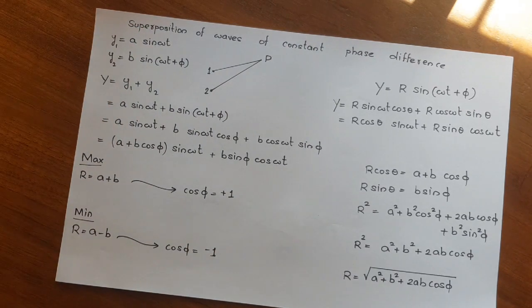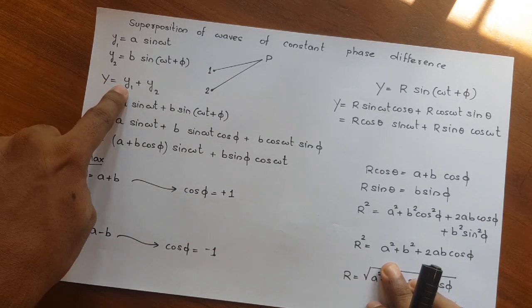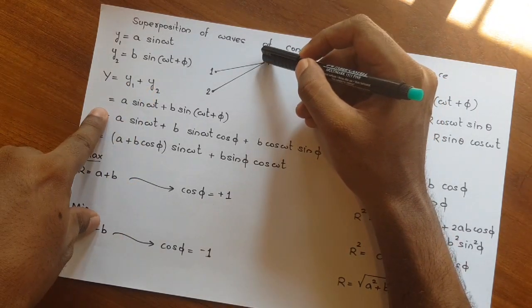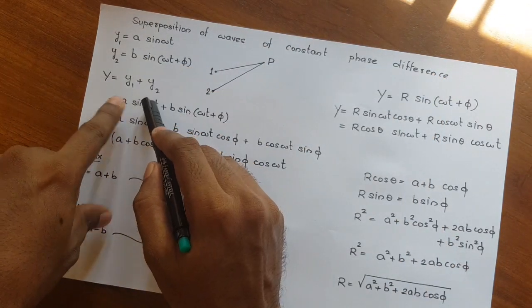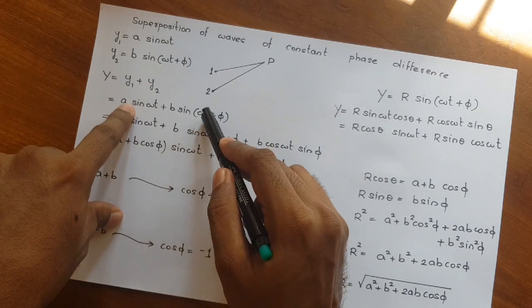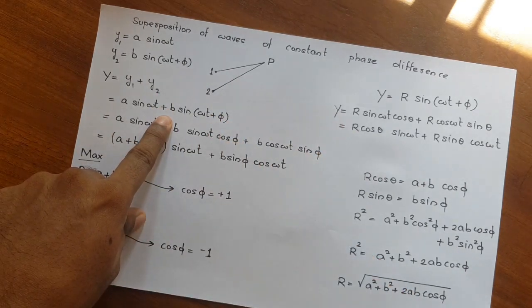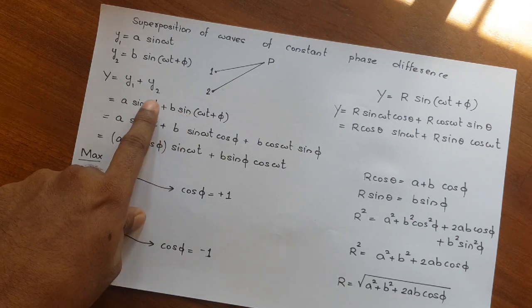Then how can we do that? So I have already written the steps. I will just explain the steps to you. The resultant displacement will be equal to the displacements produced by each wave at this point. So y1 carried over here, y2 carried over here. This sin(a plus b) format can be expanded by the trigonometric equation sin a cos b plus cos a sin b.